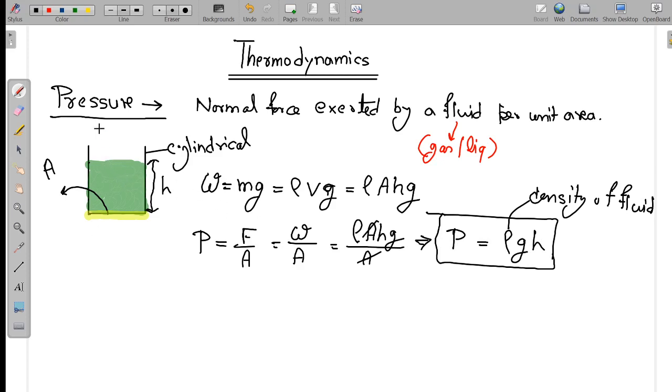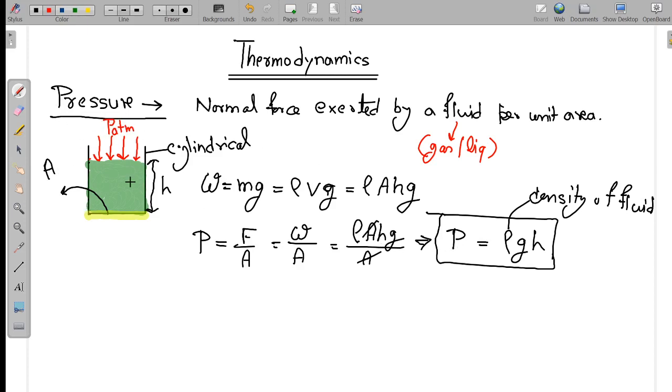Now, one thing I would like to tell you is that here I have not considered the atmospheric pressure, because this container is open to the atmosphere. So one atmospheric pressure will be acting on this. In the atmosphere we have air, so that pressure will also be acting on this surface. This will be P atmosphere. In this equation, I have not taken atmospheric pressure into consideration.